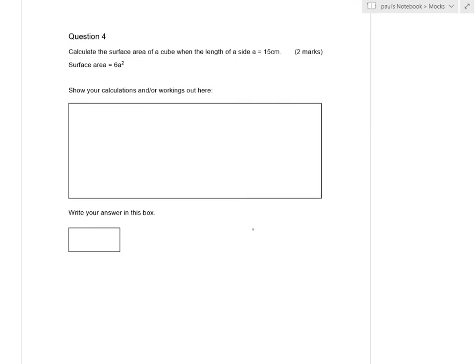Question 4. Calculate the surface area of a cube when the length of a side A is 15. The surface area is 6 times one side squared, so 6a squared. A squared equals 15 times 15, which is 225.